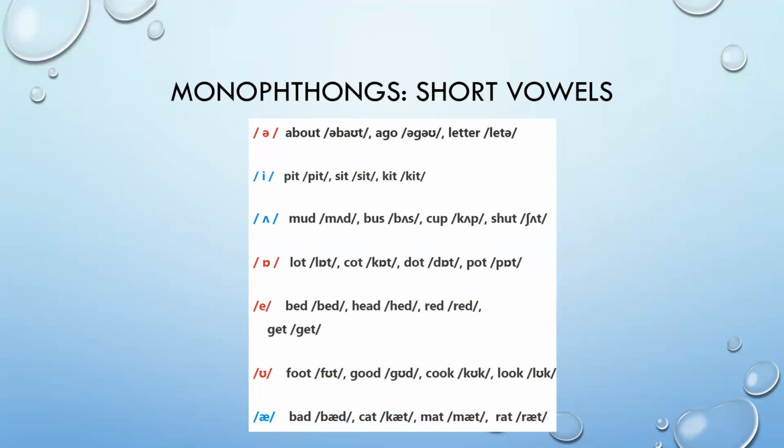These two have been mixed up. It's the sound you make when you open your mouth wide. So it is a as in bad, a as in cat, a as in mat, a as in rat, a as in apple, etc. I hope these short vowels were clear to you.